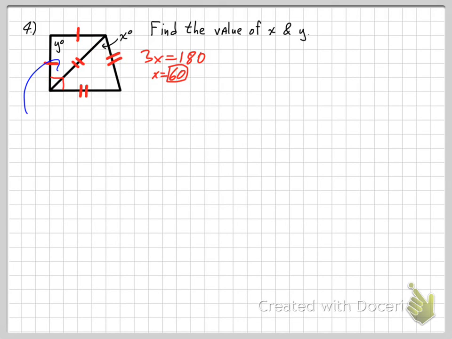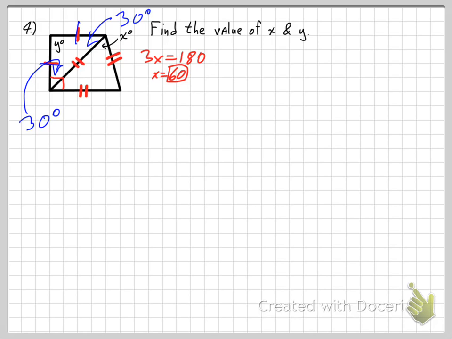And we know that if this angle is 30 degrees, then this angle must also be 30 degrees because they are opposite these two congruent sides, right? And the angles opposite congruent sides are themselves congruent.